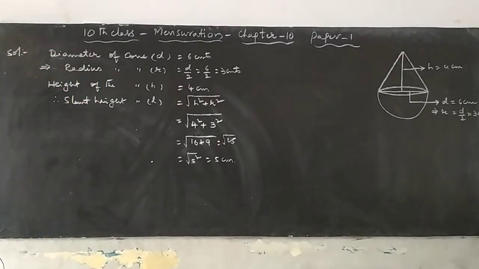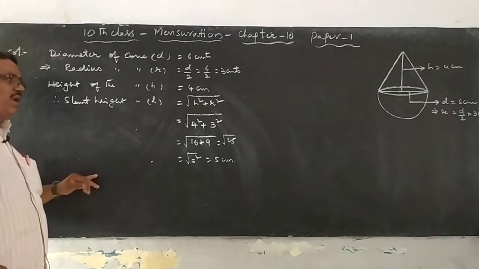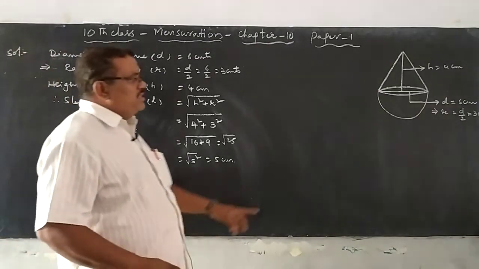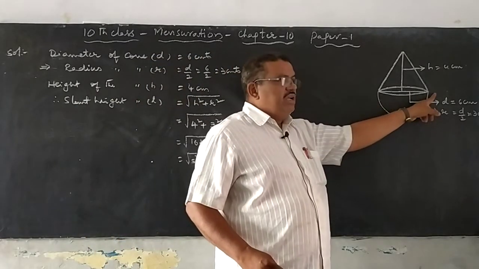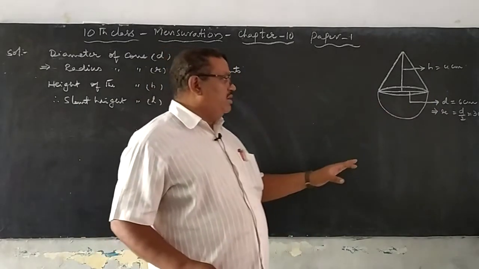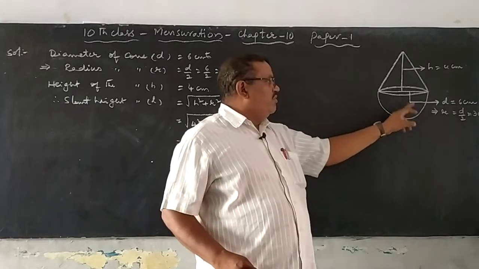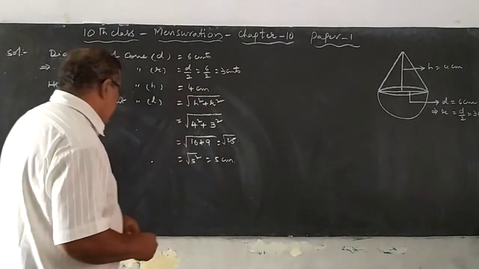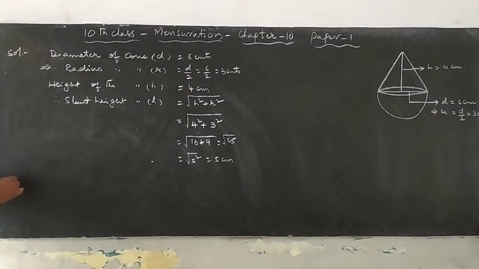Now, the CSA of the cone formula is pi r L. Similarly, the CSA of the hemisphere, that is the surface area of the hemisphere, is 2 pi r square.